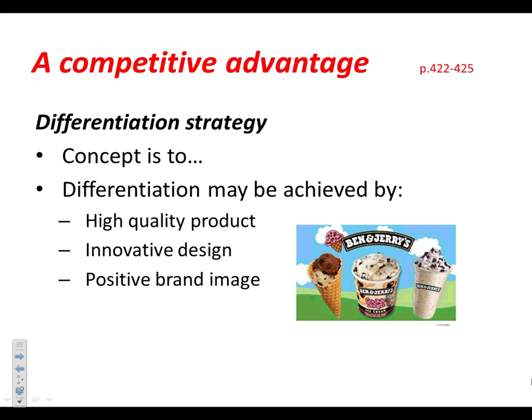Another way, which seems really simple, but by providing a positive brand image, okay, people would be actually quite keen to buy your product. Look at Ben & Jerry's, okay? This is just a screenshot from their website. You look at it, it looks all positive to me. I don't mind my cookies and cream or cookie dough, okay?